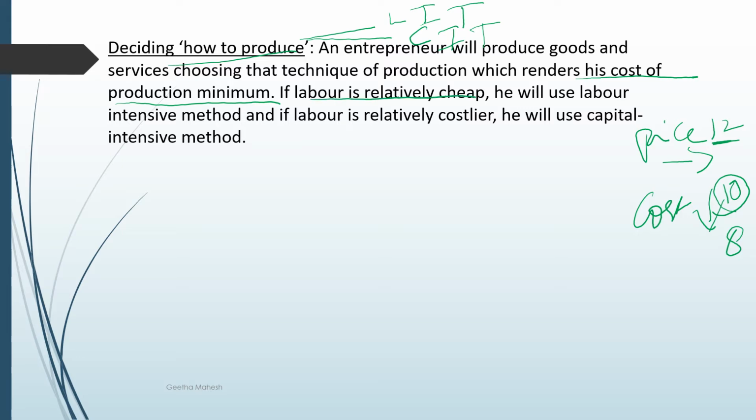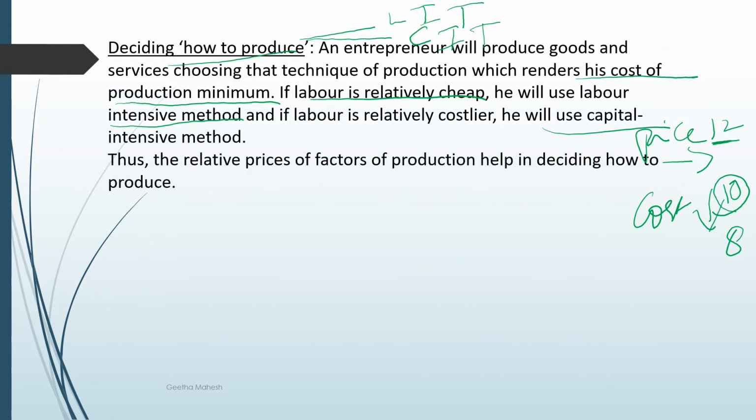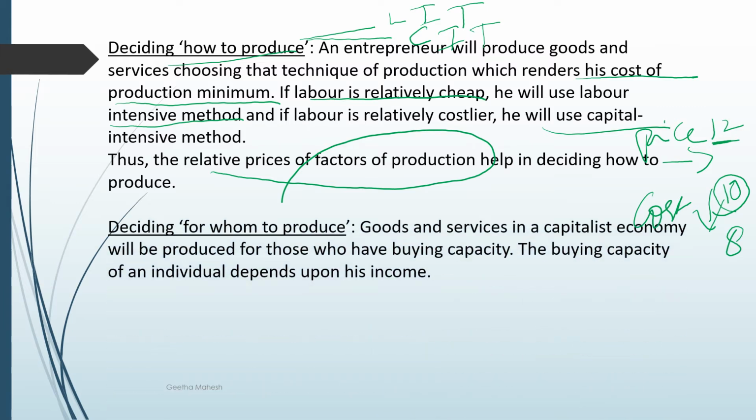If labor is relatively cheaper, then they use labor intensive method. If capital is cheaper, then they use capital intensive technology. Thus, the relative price of factors of production will help us to decide how goods should be produced.